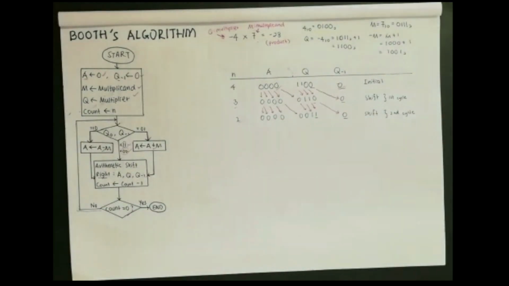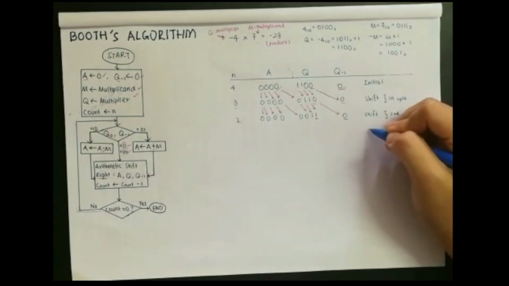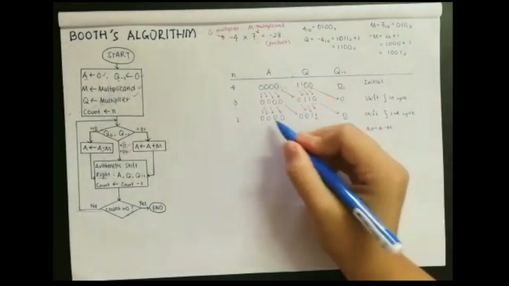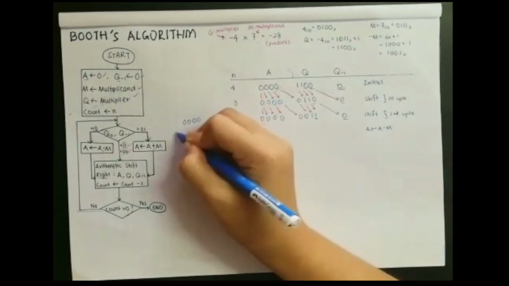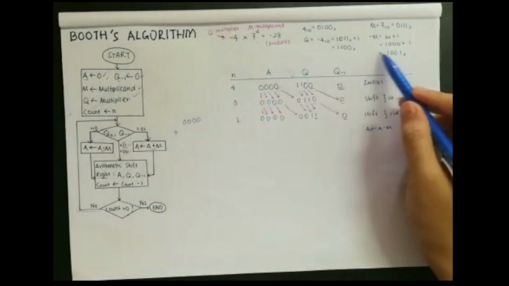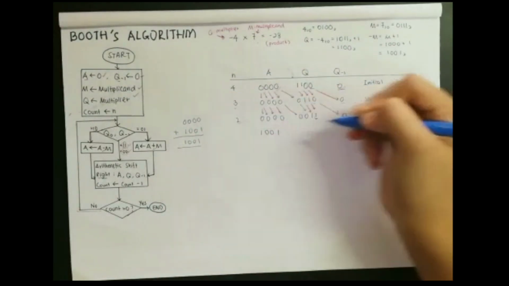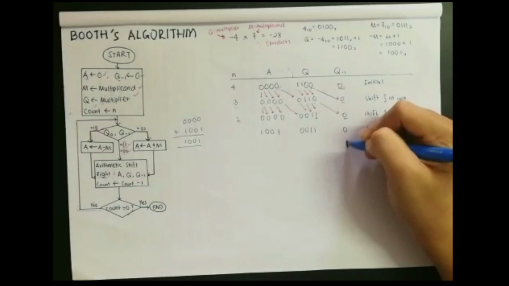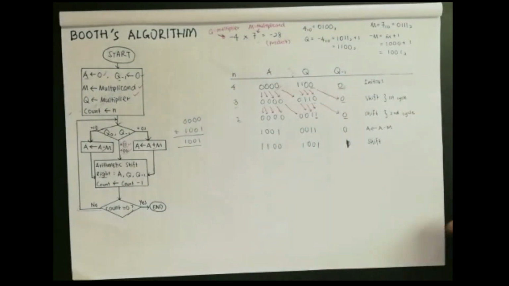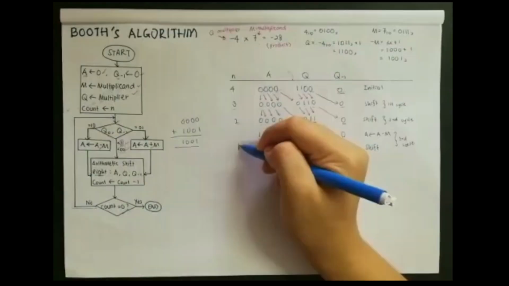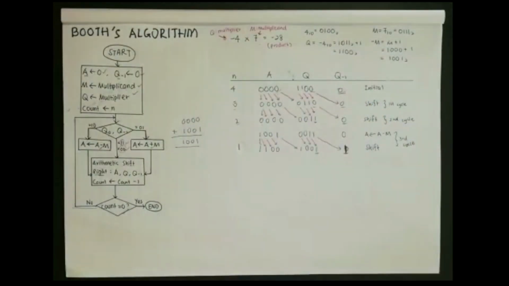Now the two bits are 1, 0. Then the multiplicand is subtracted from the A register. From the subtraction, the arithmetic shift right occurs. Now the count is 1, so we repeat the cycle.